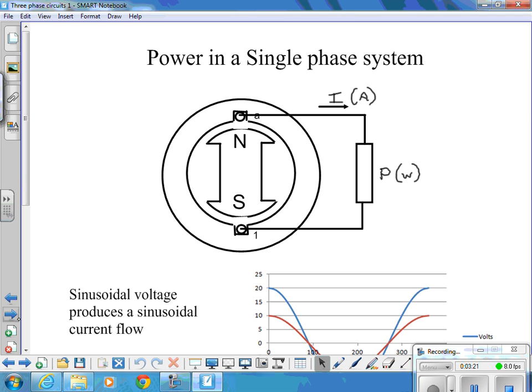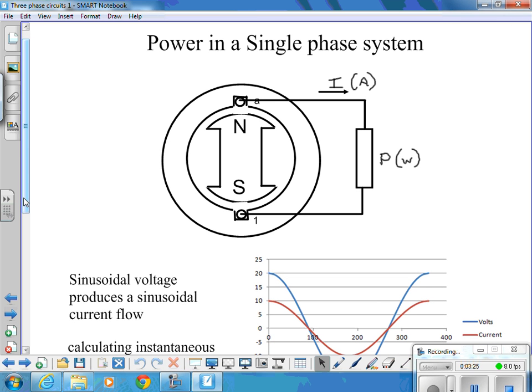So if we then look at the power in that single-phase system, if we connect a resistance or a load that's going to dissipate some watts to that coil, then a current will flow because we've got a closed circuit.